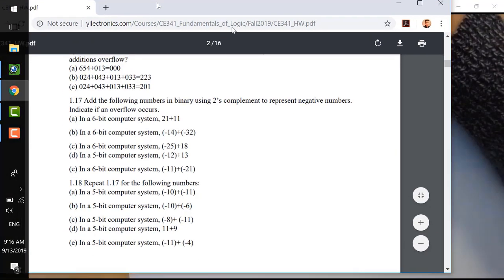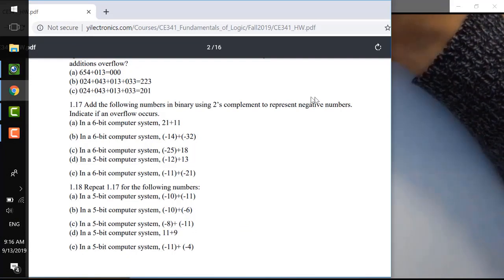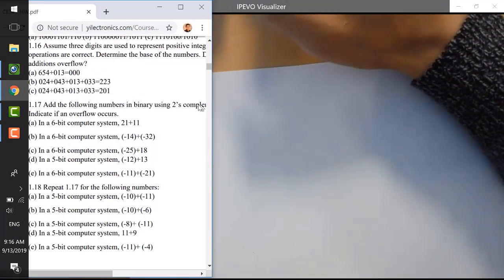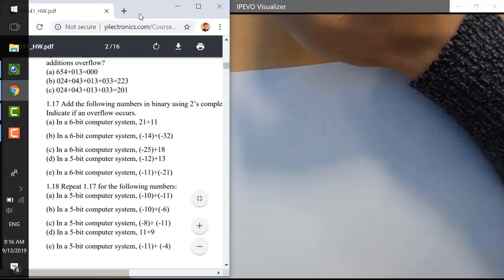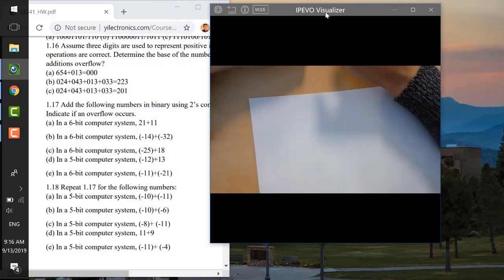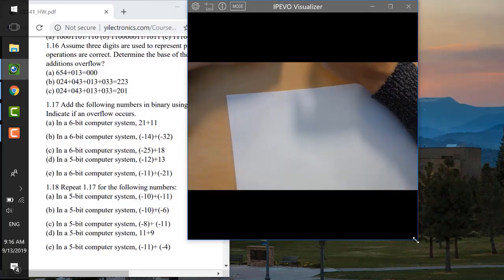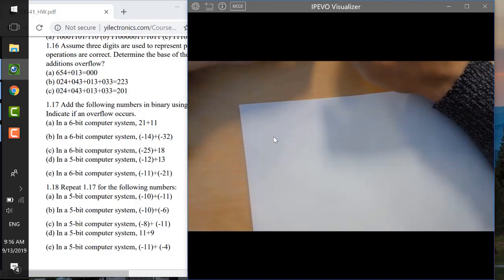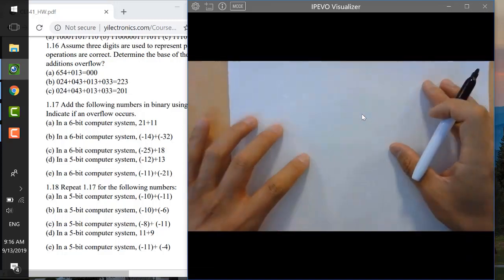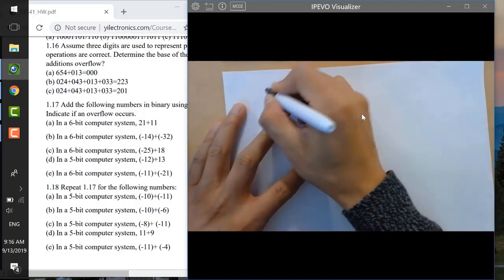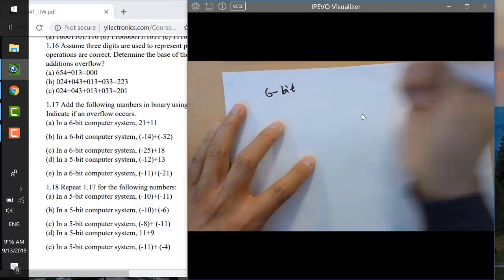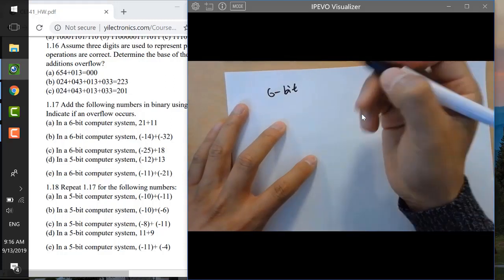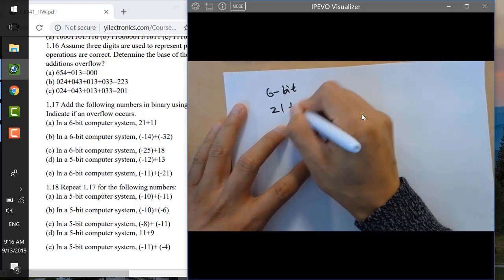Okay, now let's see. So for the first one, it is 6-bit, right? So we just make a different definition. This is a 6-bit computer system, and we have 21 plus 11.